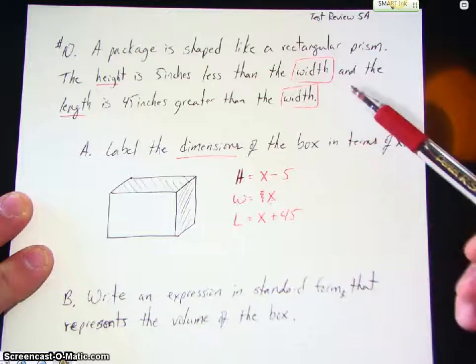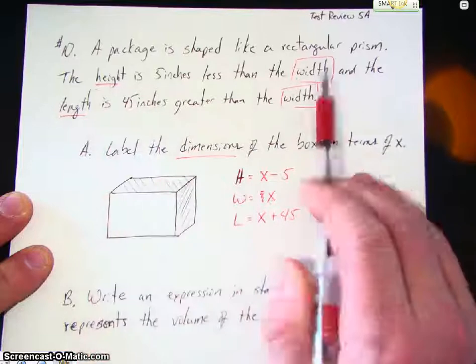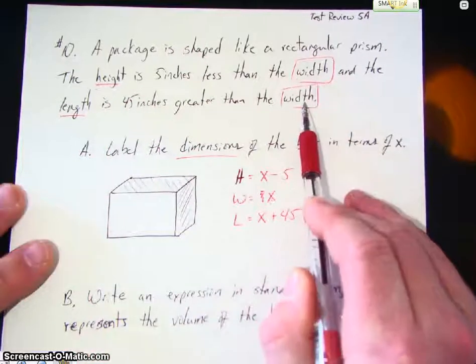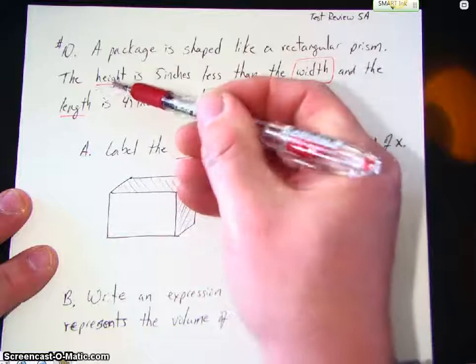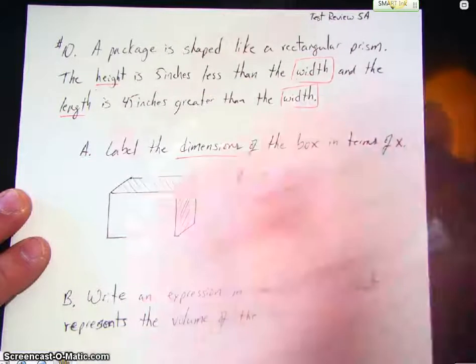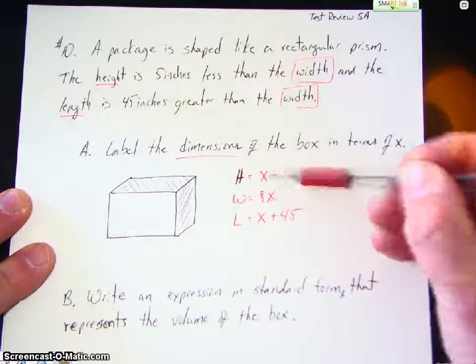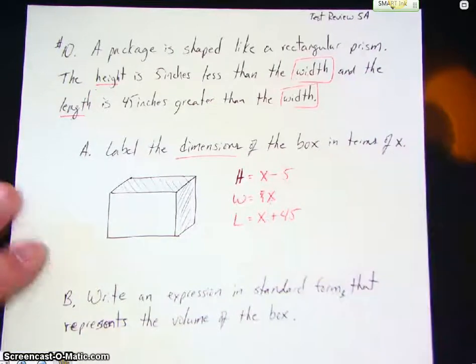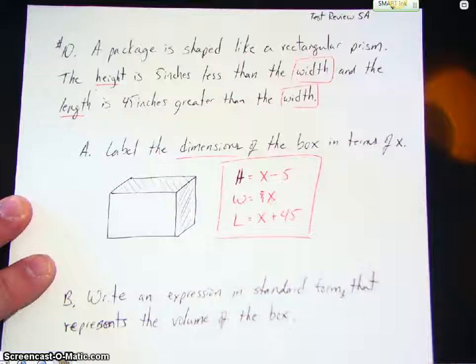Well, find out as you're reading it, two of the dimensions are going to be dependent on one of them. All right, so see how width appears twice? Width is part of the height, and width is part of the length. So that means the width will be our x. And now you can come up with your two expressions for your height and length. So that's what you have to do for part A.